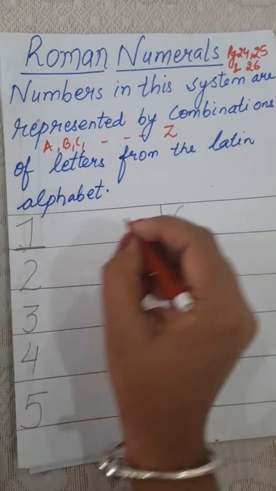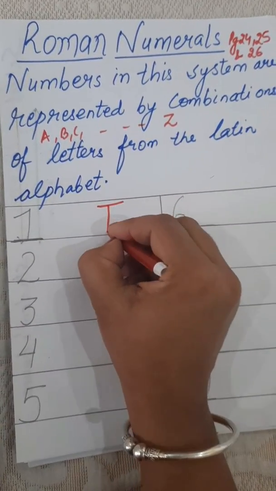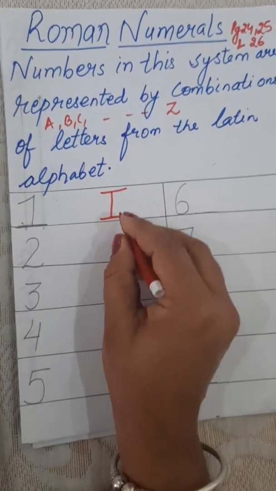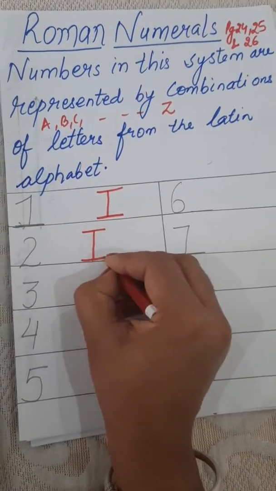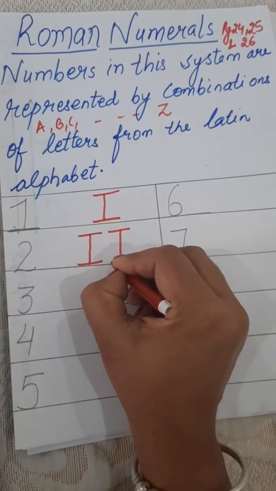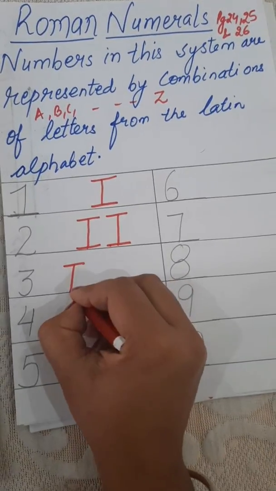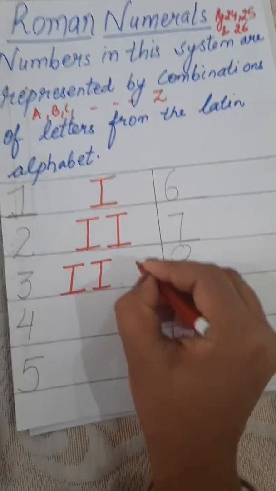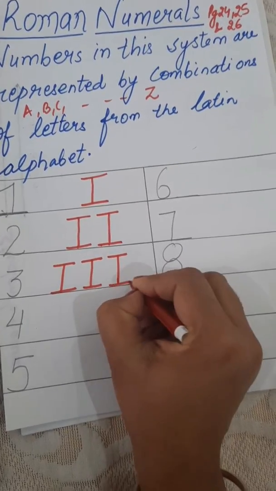Now I have to write 1 in Roman numerals, so I will use capital I, this represents 1. Then 2 is represented by two capital I's. Then 3: I am writing I 3 times.